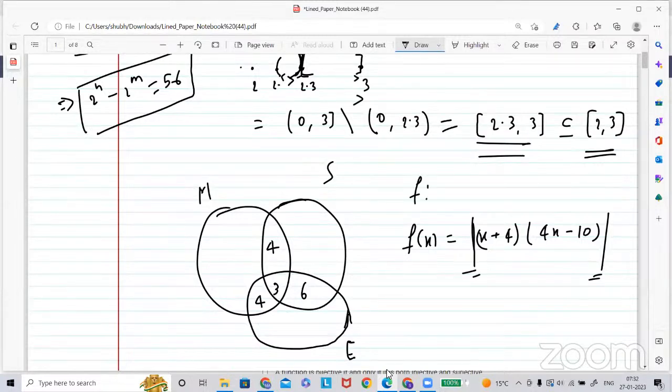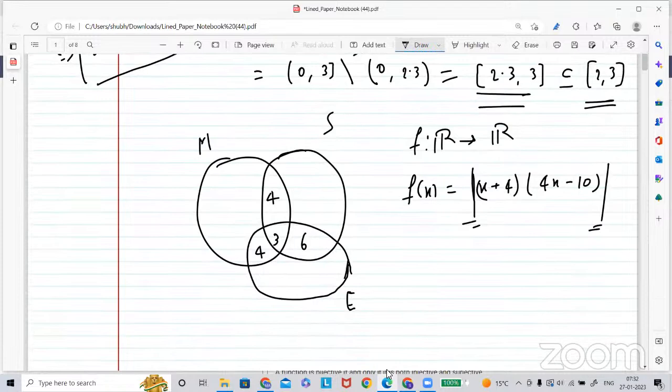Our function is given from whole R to whole R. This is the description of the function. Is this function onto? The question is, is this function, in the options given, one-one, is it onto, or is it bijective?